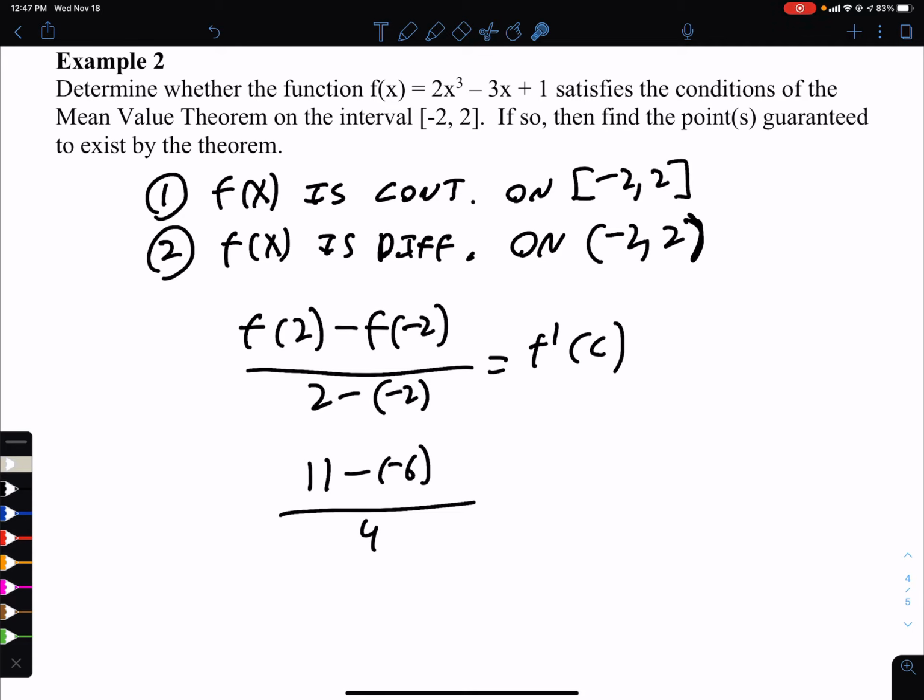Plug in 2. That's 8, 16. 16 minus 6, 10 plus 1 is 11. I'm going to plug in negative 2. That's negative 8, negative 16. I'm doing negative, no, I'm doing positive. I am lost. What am I doing? I'm plugging in negative 2, right?